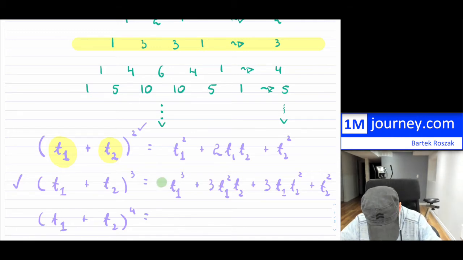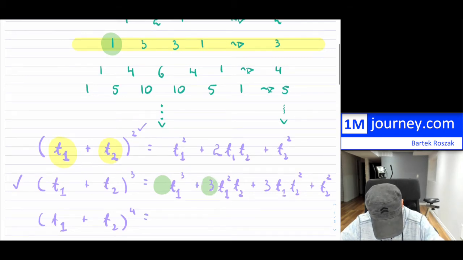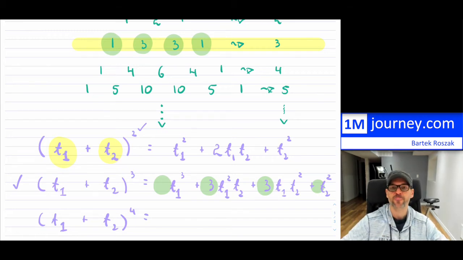So the coefficient in here is 1, so notice 1. The coefficient here is 3, notice 3. The coefficient here is 3, so notice 3. And then the coefficient here is just a 1, and that's what we have in there.